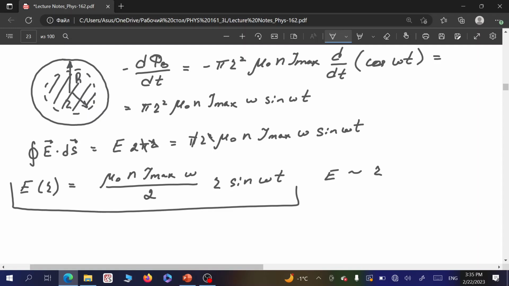So we have an increase of the induced electric field as we go from the center of the solenoid to its external surface. And then when we go outside the solenoid, the induced electric field magnitude is reducing proportional to 1 over r.